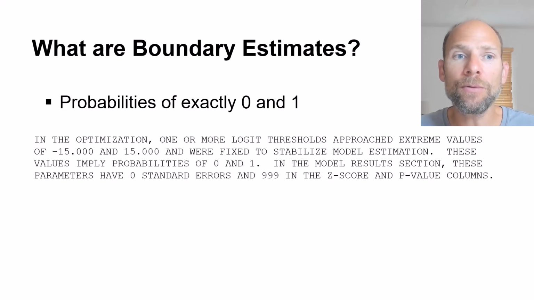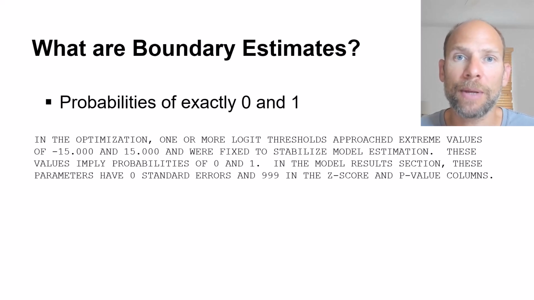Now, how can you detect, or how can you figure out whether you have boundary parameter estimates in your model or your estimation? Most latent class analysis programs will issue some sort of warning message about that. For example, here's one that the program Mplus issues, which is an excellent program for latent class analysis and other mixture models. So Mplus will say, in the optimization, one or more logit thresholds approached extreme values of -15 and +15 and were fixed to stabilize model estimation.